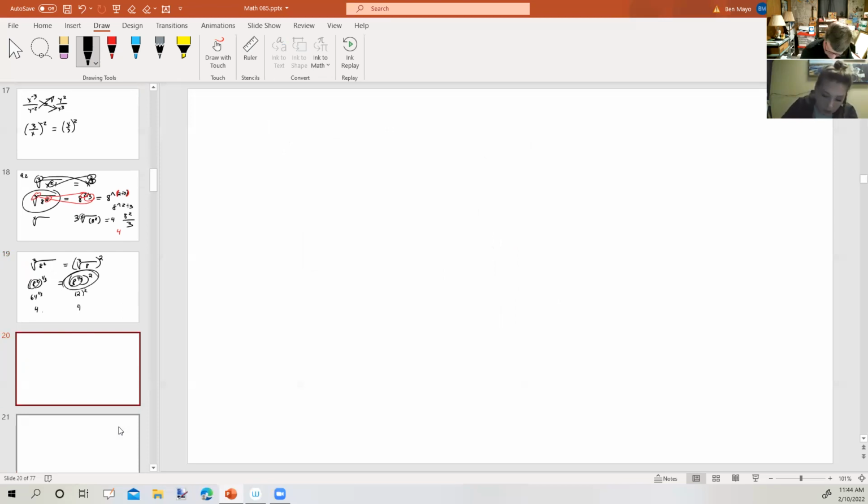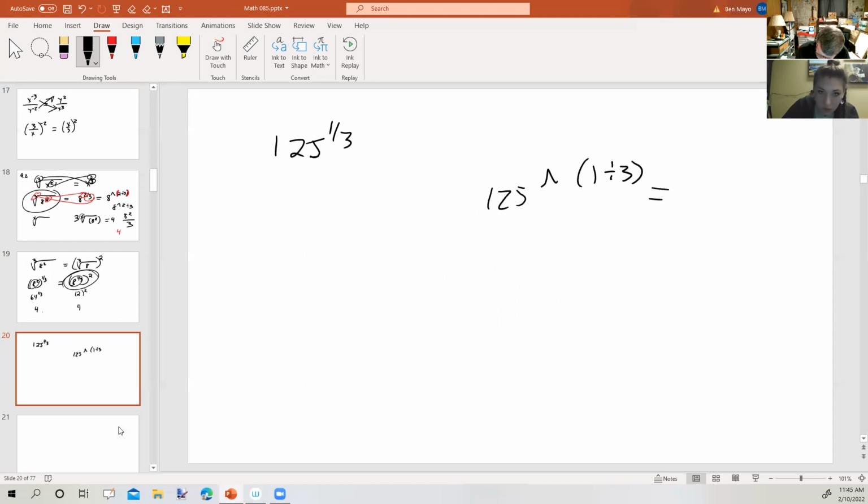The first one says 125 to the 1/3 power. So that's basically the same thing as the cube root of 125. Now, you could do that on your calculator by doing this, but let's just try and do it by hand.